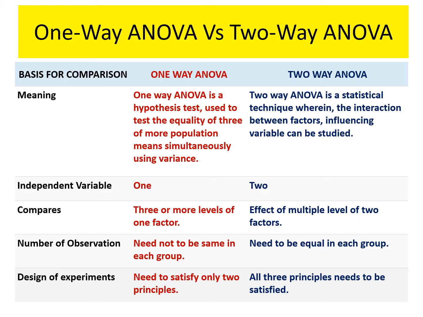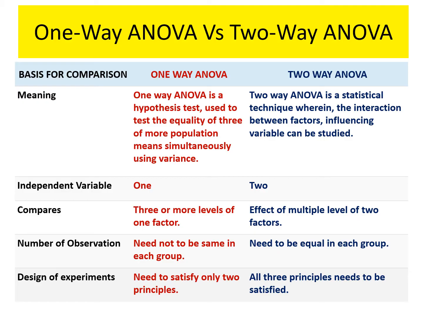Now, definitely for the ANOVA test, you will have three or more levels of one factor for one-way, but the effect of multiple levels of two factors will be seen if you make use of two-way ANOVA. And then for one-way ANOVA, the observations need not be the same in each group.